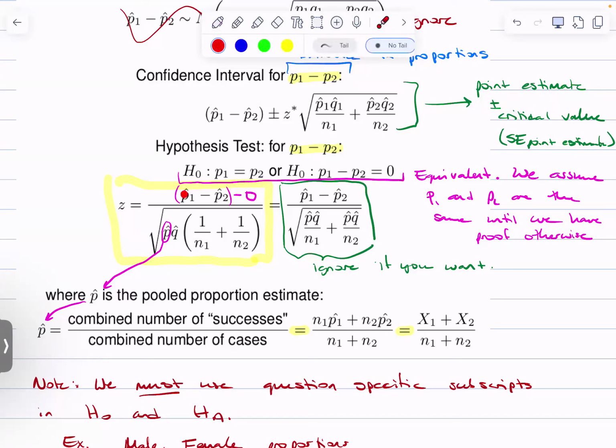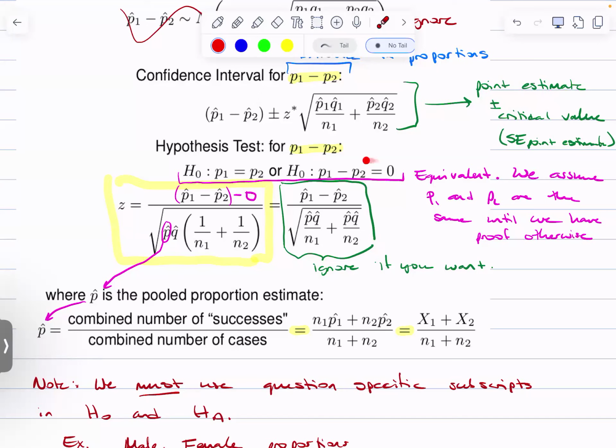And I'm seeing how far my difference is from 0, taking into account the standard error, assuming the null hypothesis is true. And so we don't usually write the minus 0, but it's technically there, because our null hypothesis is that P1 minus P2 is equal to 0.